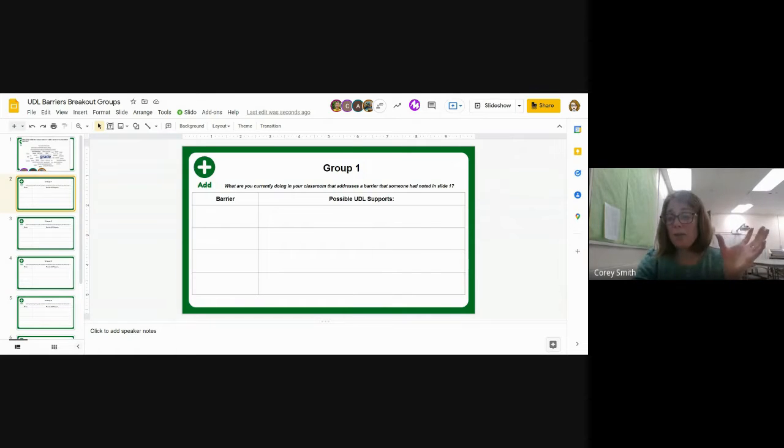If you do one barrier and you finish it and you'd like to tackle a second one, your group is welcome to do that as well. So I'm going to break you out into 3 groups. I'm going to give you 10 minutes.